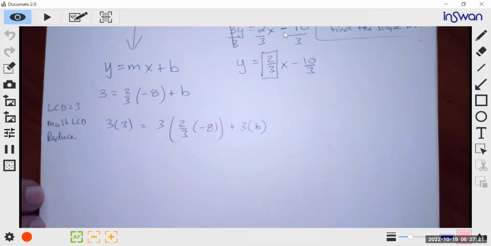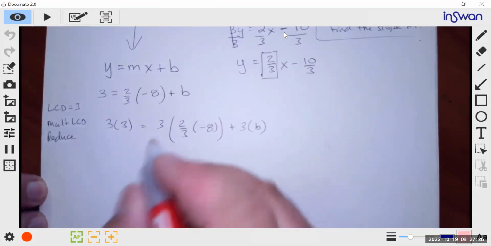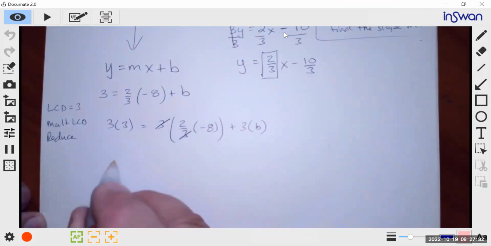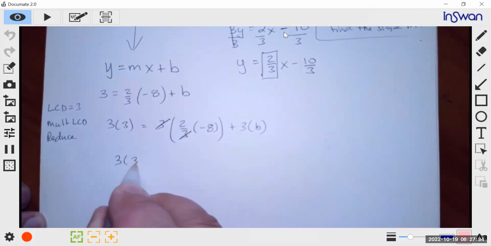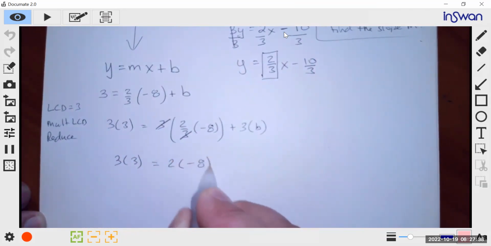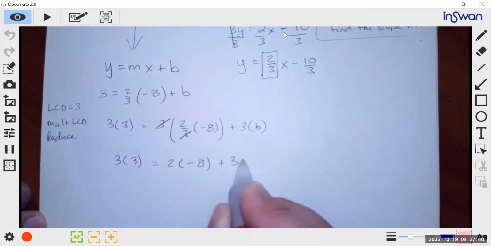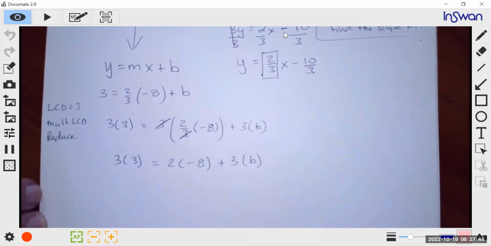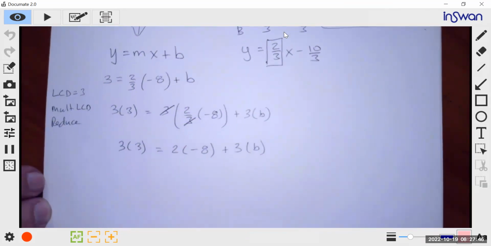When you have fractions and you multiply, always reduce before you multiply. So the 3 goes into 3 once, it disappears. So what we have now is this. We got rid of the fraction.